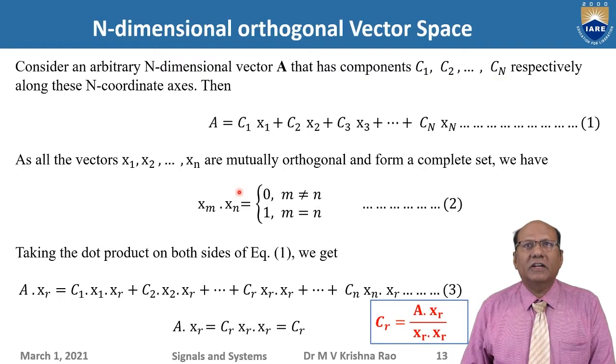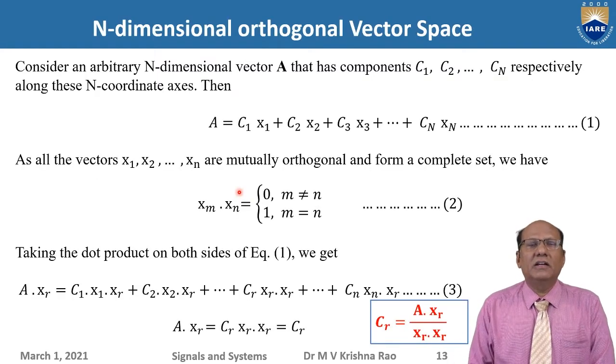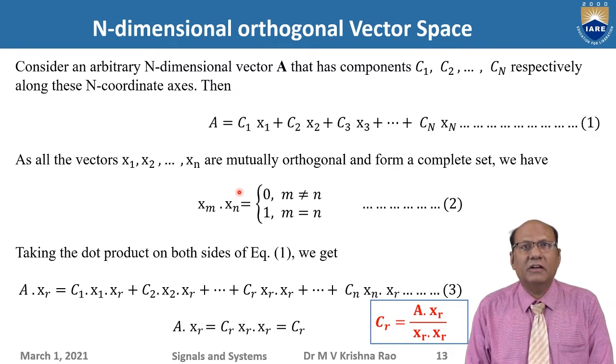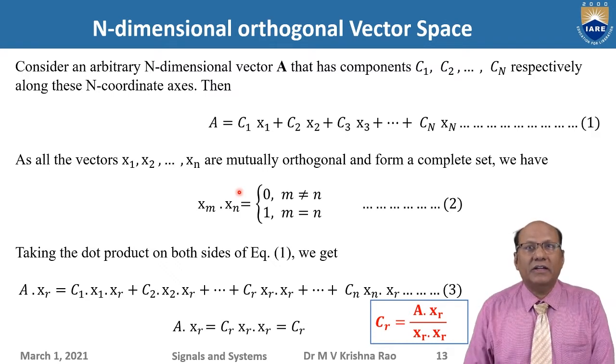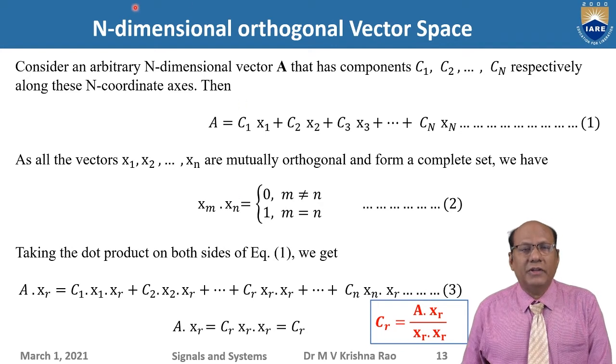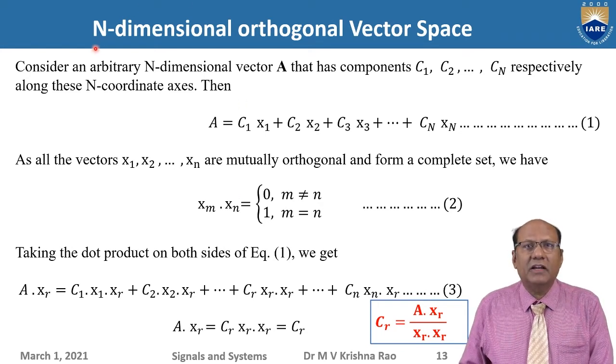Now, let us consider an n-dimensional vector space. N-dimensional vector space means we are extending the previous three-dimensional system to n dimensions, an n-dimension coordinate system. But it is very hard, almost impossible, to visualize the fourth axis onwards.